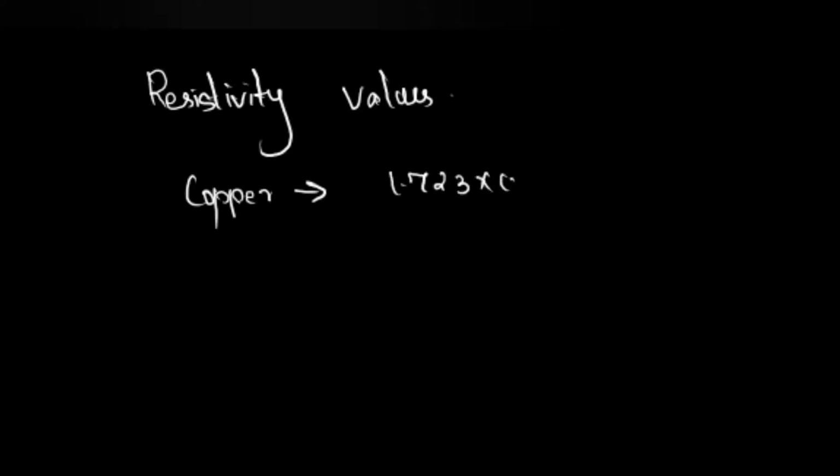Now let's compare the resistivity values of different materials. For copper, that is a conductor, the resistivity is 1.723 into 10 power minus 6 ohm centimeter. For germanium, which is a semiconductor, the resistivity is 50 ohm centimeter.